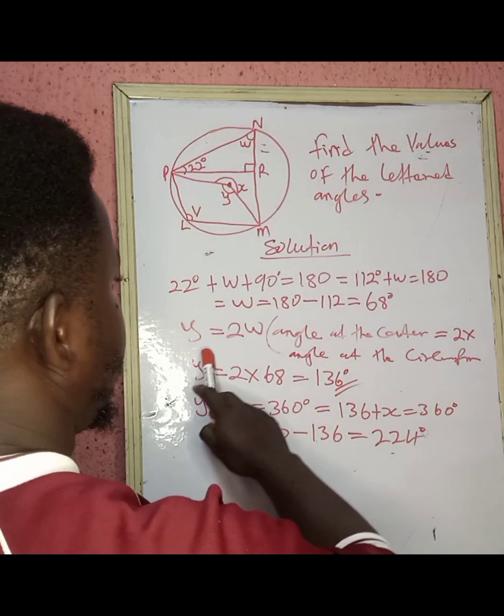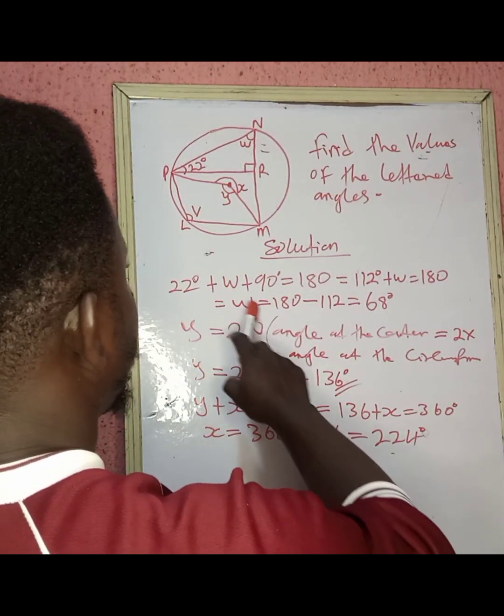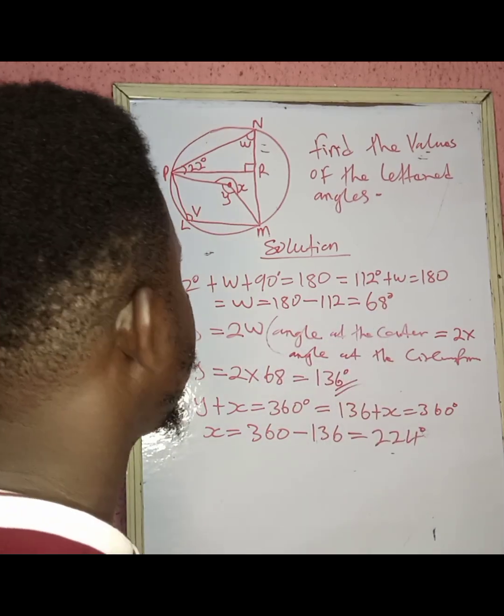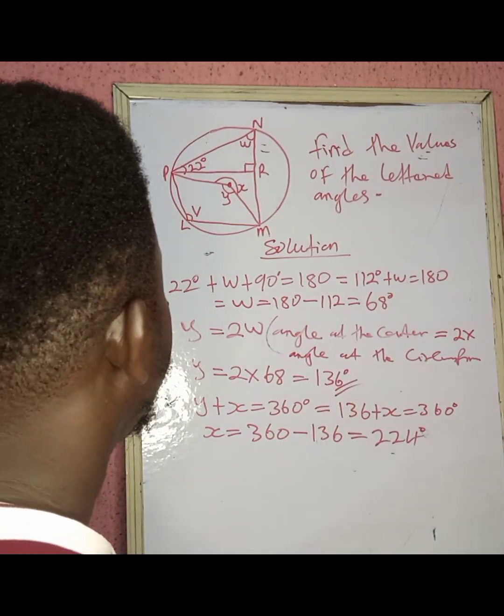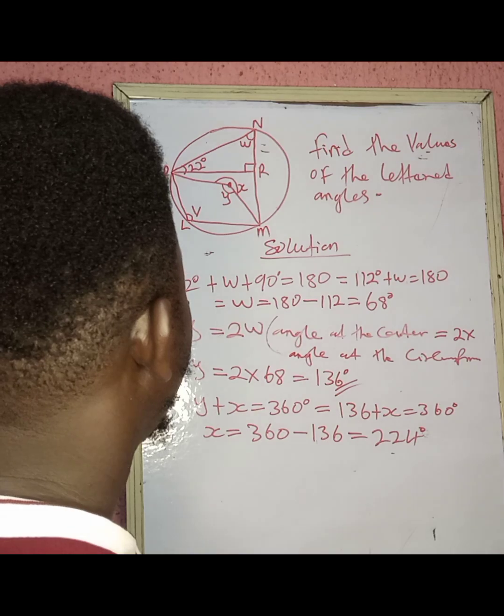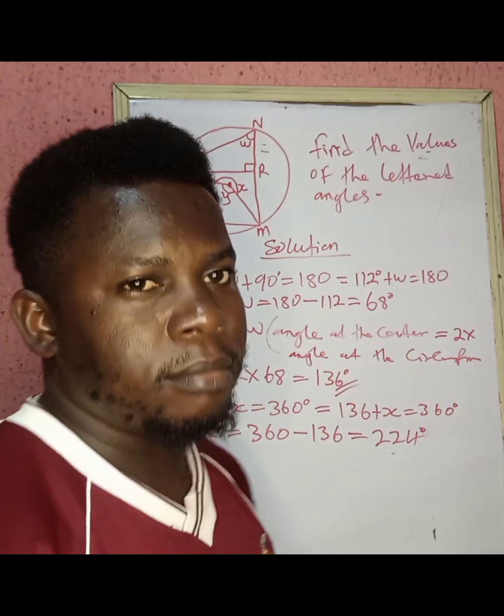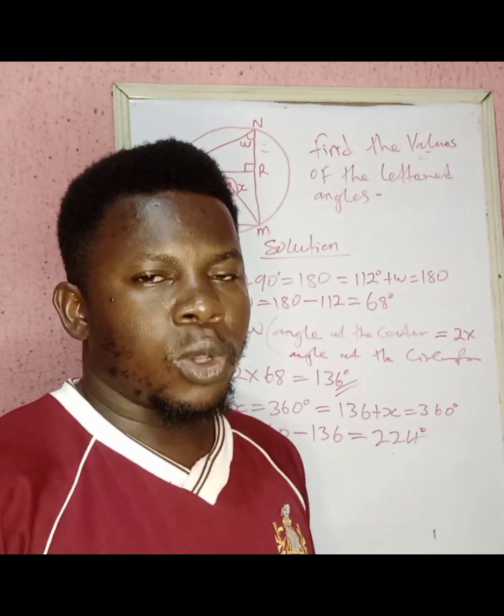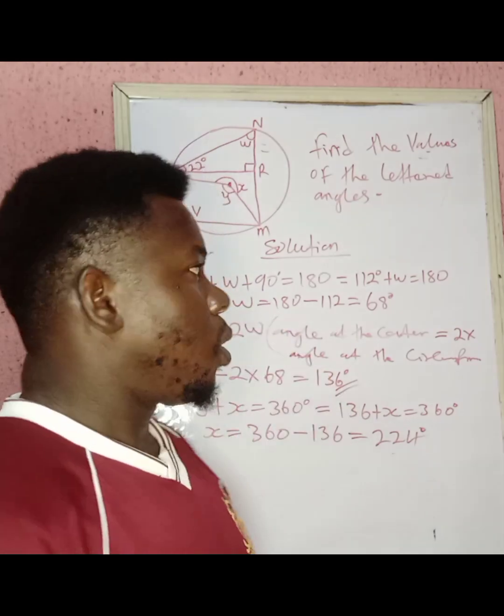And we have our W, which is 68 degree. What is remaining for us to get? Our V. So how do we get our V?